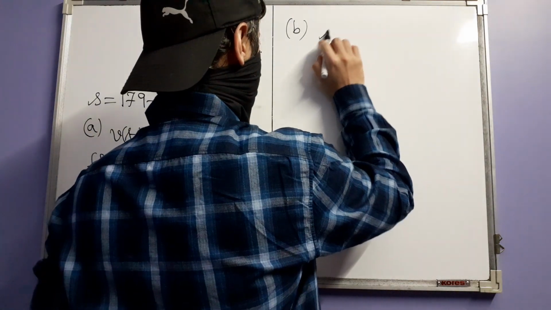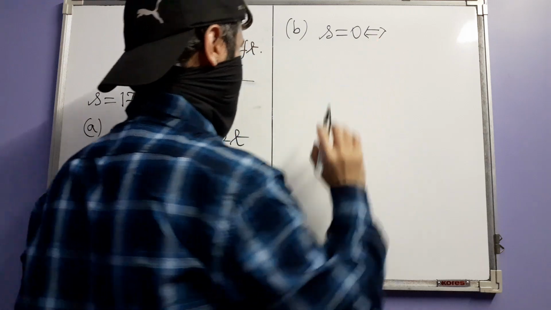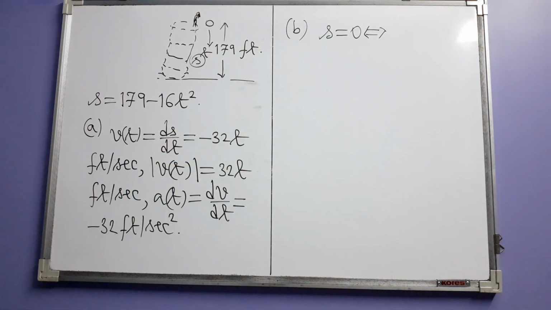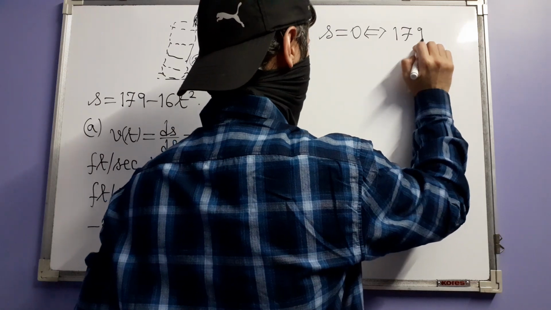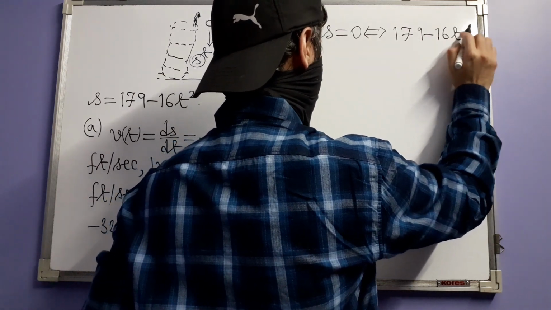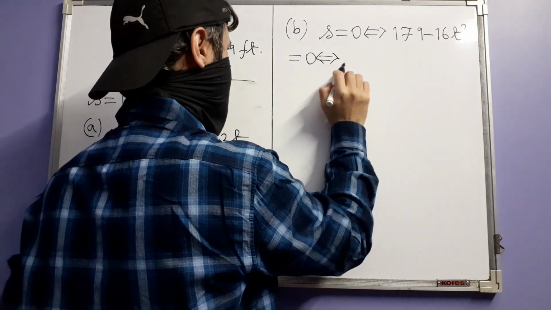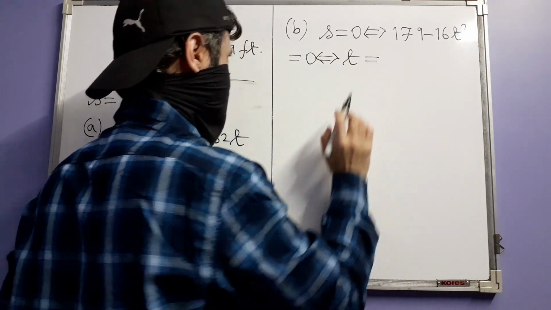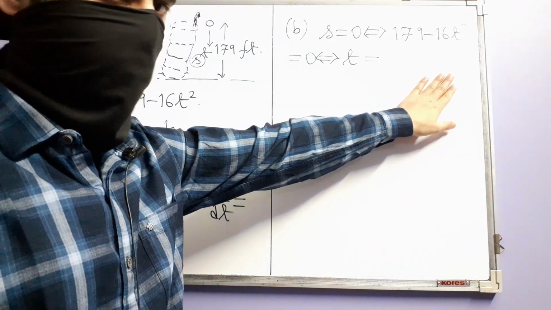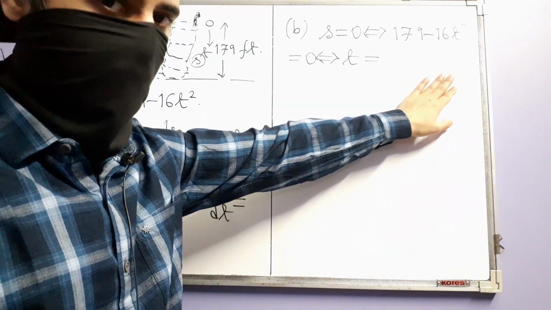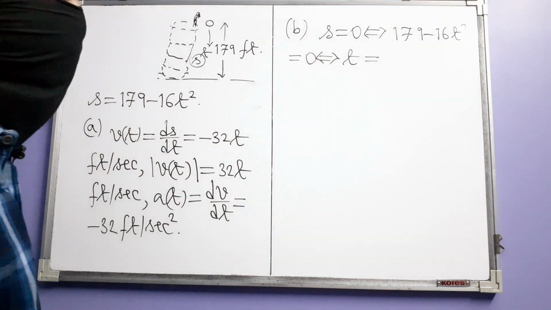So this is what you need to solve in order to know when the ball hits the ground. In other words, 179 minus 16t square is equal to 0, and that will give you only one value of t. As an equation you are going to get two values of t, but one of them will be negative, which does not physically make sense because t is time.